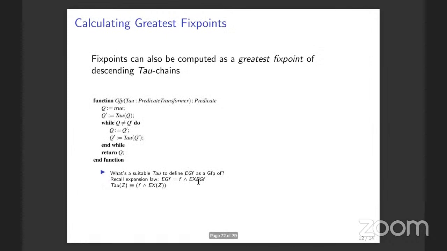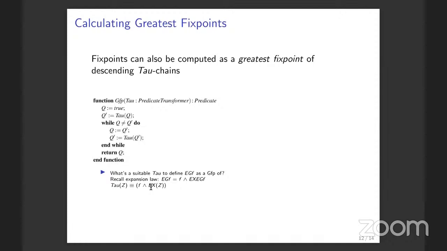So my claim is, we define tau of Z to be this one, F and EX of Z, for any predicate or subset of states Z. Then the greatest fixed point of such a tau is exactly the set of all states that satisfy EG of F. See, this tau is now expressed as F and EX of Z, and it is taking away states because it is constraining more and more.